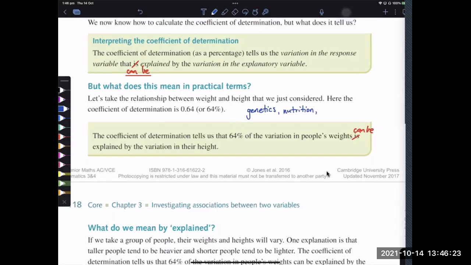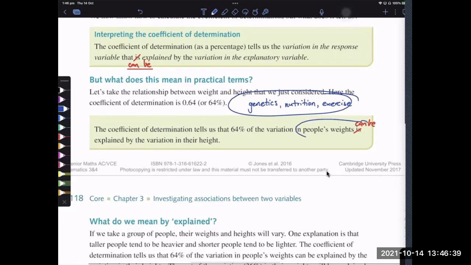Physical activity. Yep. So maybe exercise. So the variation in people's weights can also be explained by all these other things as well. So not all 64% is only explained by the height.